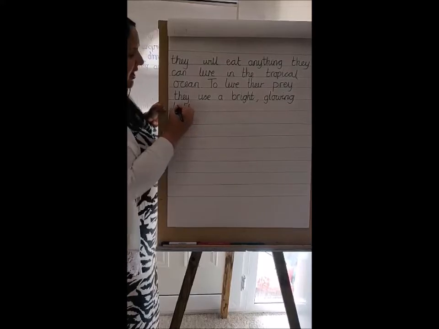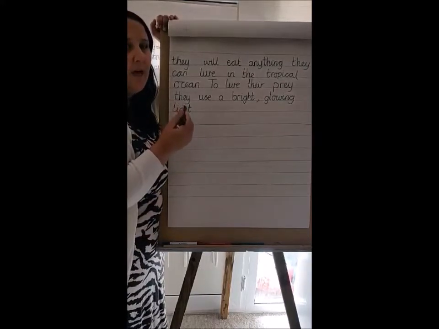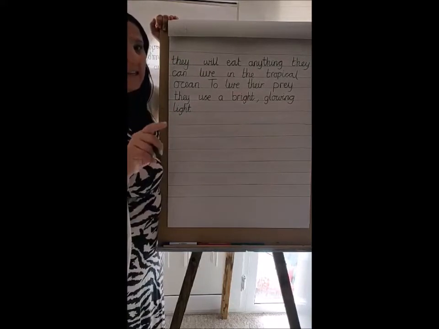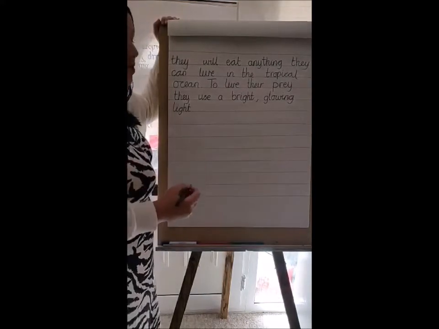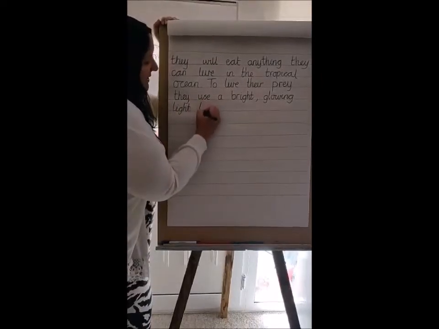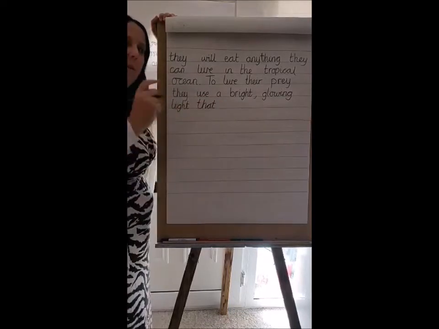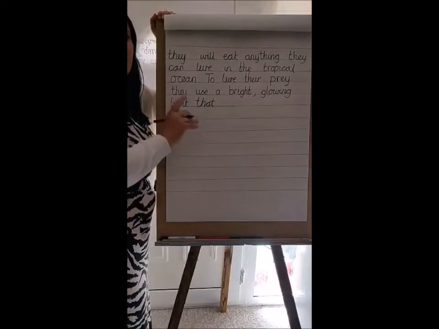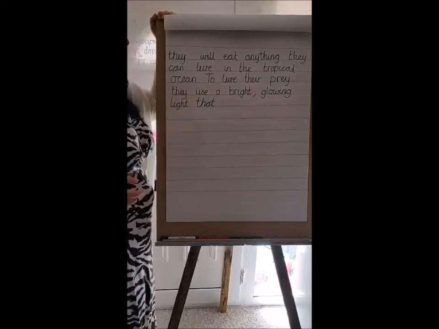I haven't put a full stop there because I think I can add a little bit more detail. I'm going to add a conjunction. It's not a conjunction that we've used often in year 2, but it is a conjunction that gives me the opportunity to link a little bit more information about the light.